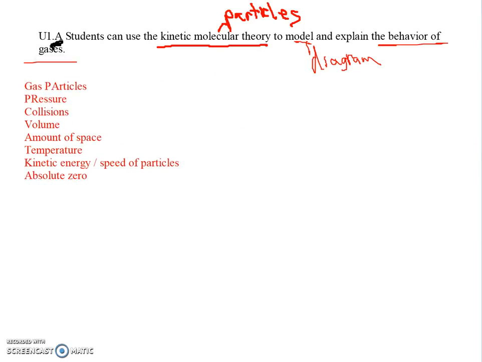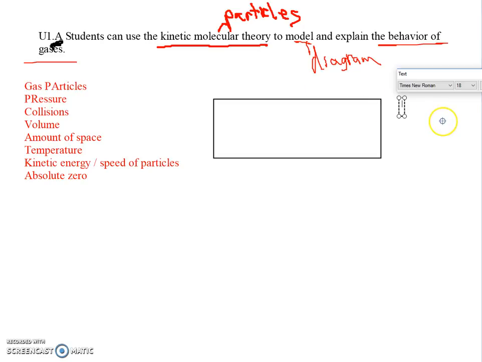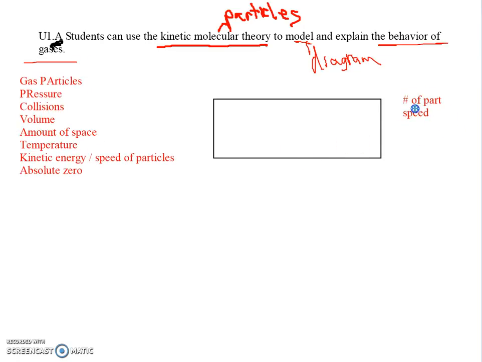As far as diagramming goes, if you're making a diagram, I would pay very close attention to 2 things. The number of particles and the speed. And depending on what variables you change, each of these might change.